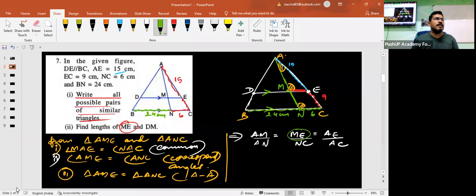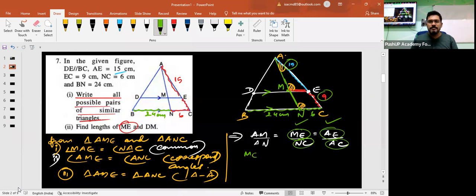Over here in the second ratio. Then what are the values given to us? AE is there. AC can be found by just adding 15 and 9. AC is a combination of AE and EC. AE is 15, EC is 9. So AC will be 15 plus 9, which is equal to 24. NC is also given to us. So yes, you can go with the second and the third ratio. Substitute the values and get the answer.